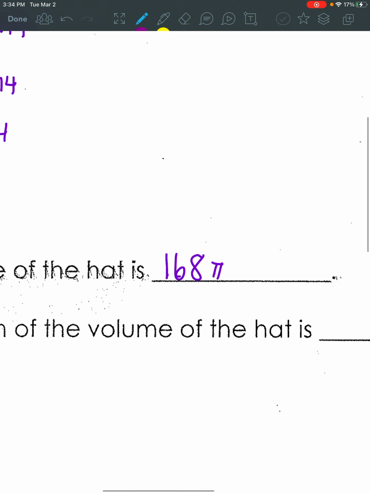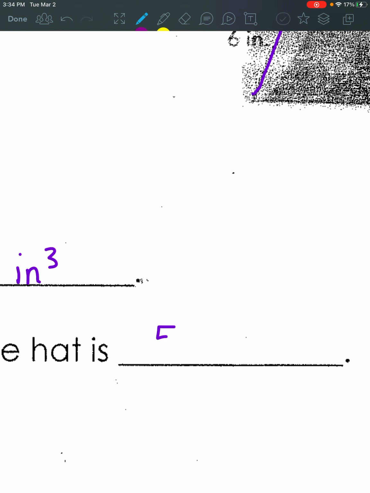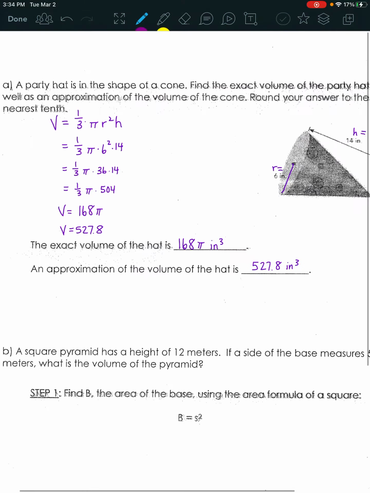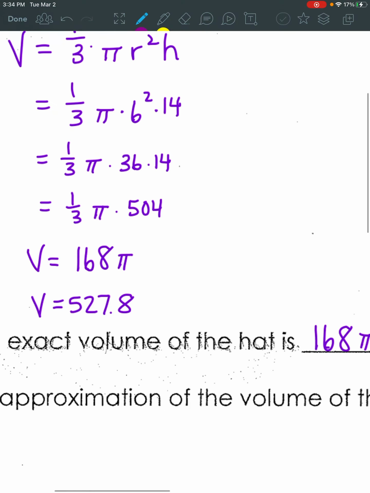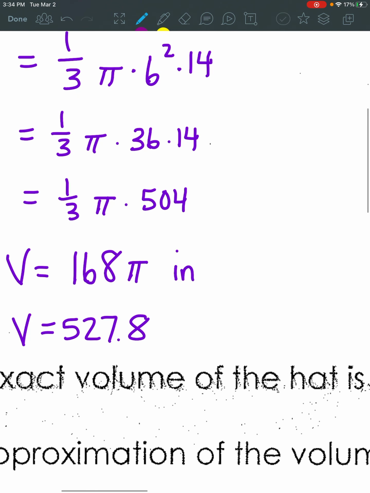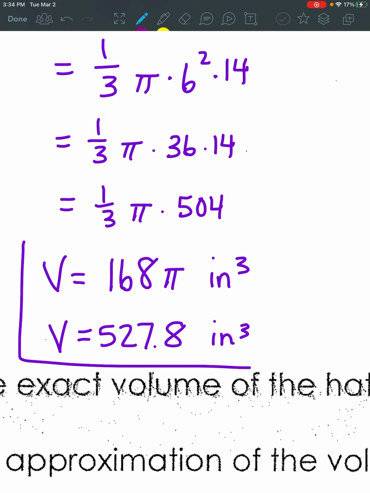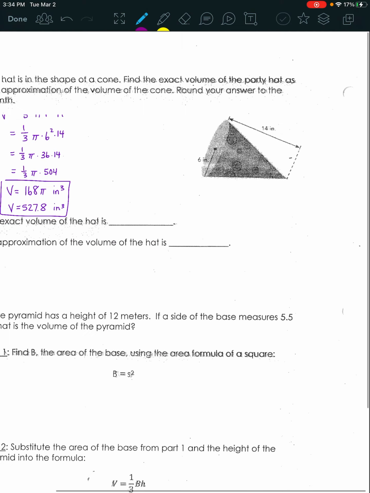So down here, I'm going to write that an approximation of the volume of the hat is 527.8, and again, inches cubed. So there we did the exact same thing as that first example, finding volume in terms of pi and then also rounding the volume.